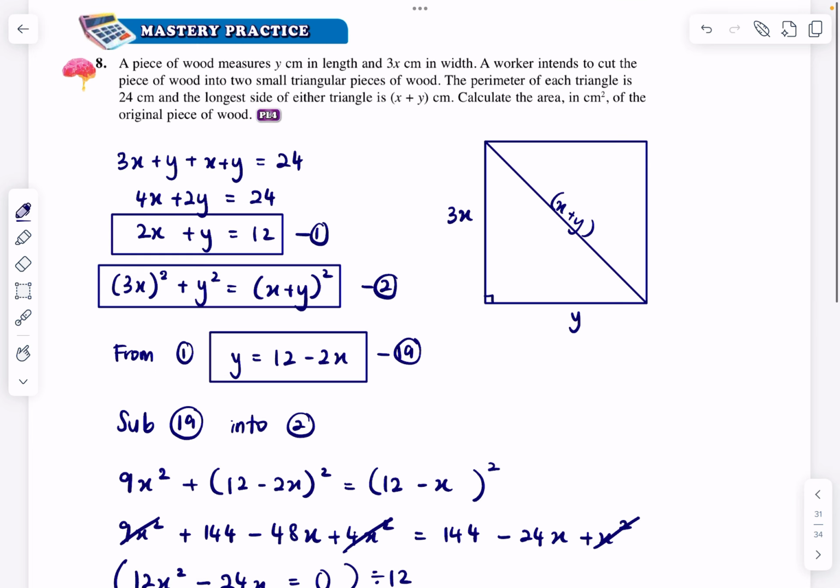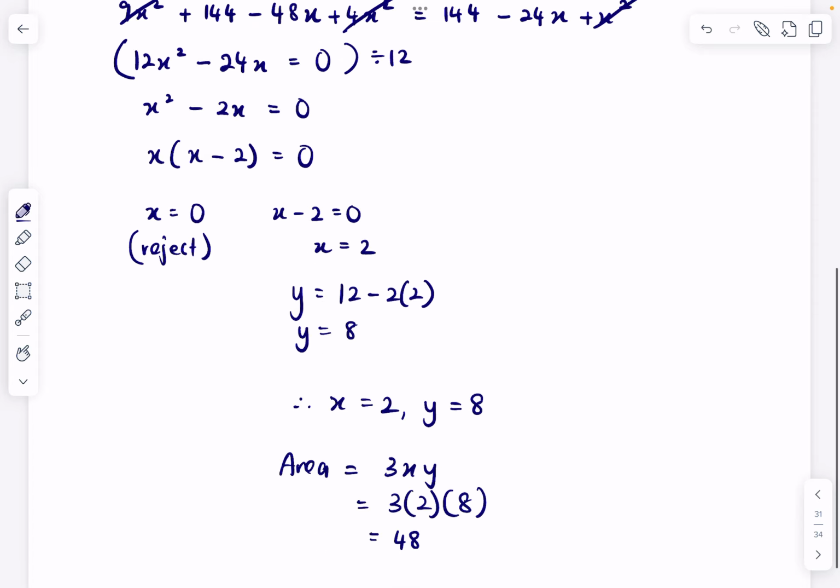This one is in cm, so cm square. Done. So we cannot conclude it here, we conclude it here. That's it.